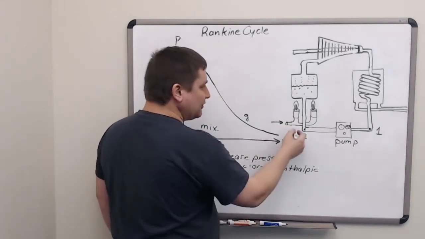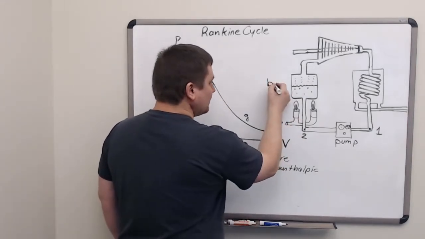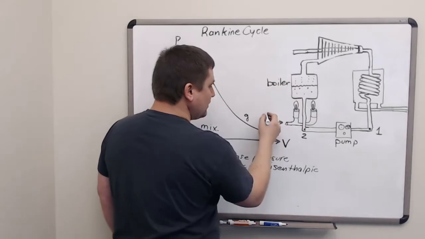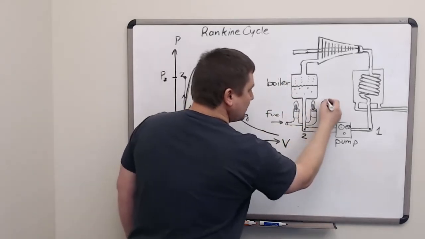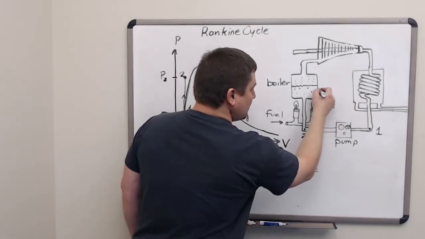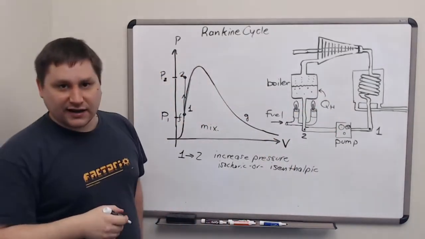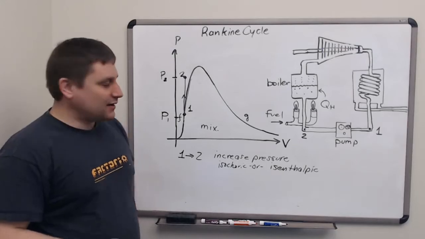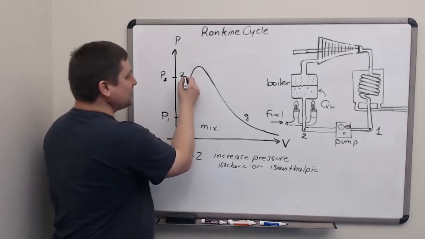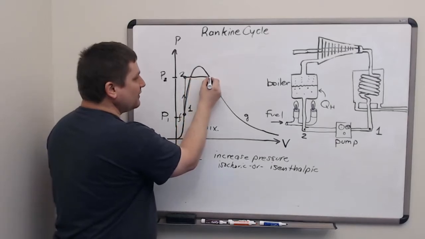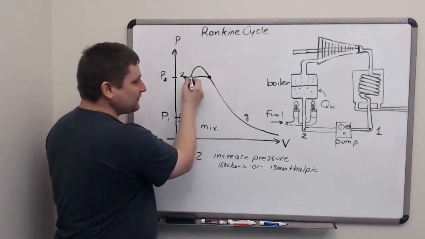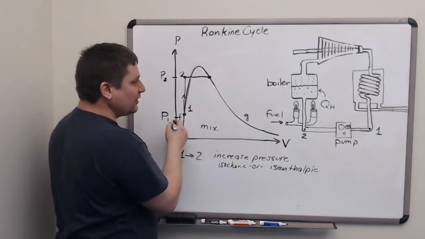The water is able to flow into a boiler, and some fuel is burnt so that the water can absorb some heat. This heat absorption at first heats the water, but then the water begins to boil, and we transition from 100% water into 100% steam.